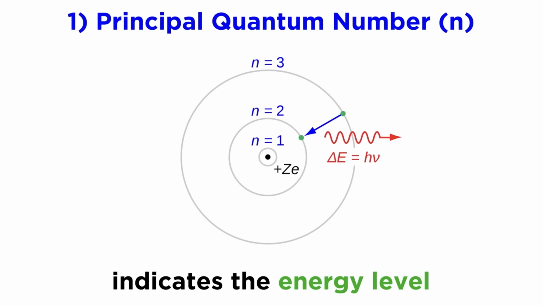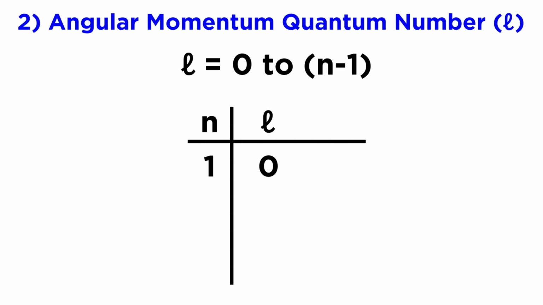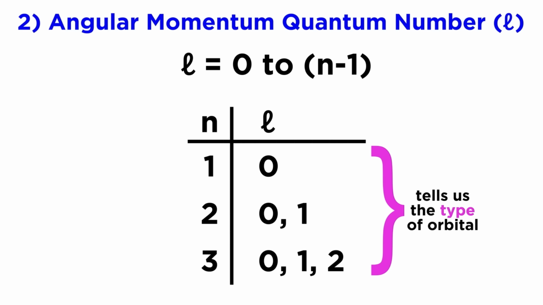The next number will be the angular momentum quantum number L. This can have any value from 0 to n-1, meaning if n is 1, L is 0. If n is 2, L can be 0 or 1, and so forth. L will define the type of orbital the electron is in. An L value of 0 corresponds to s orbitals.